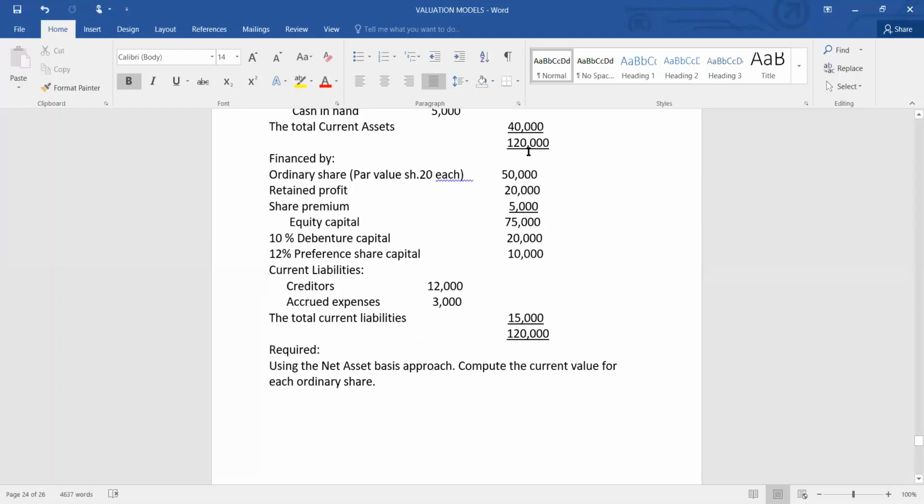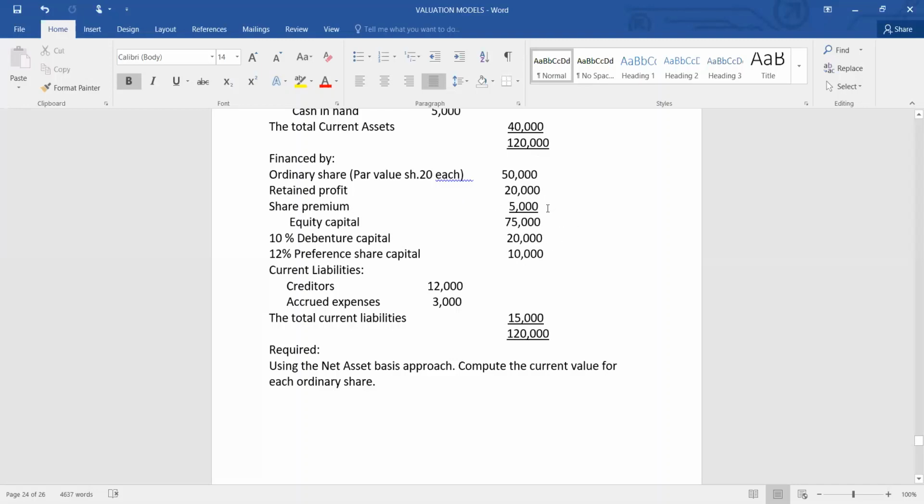All assets less debenture capital, less preferential capital, less current liabilities, and you're left with equity. If you take 120 million minus 20 million minus 10 million minus 15, you get 75.